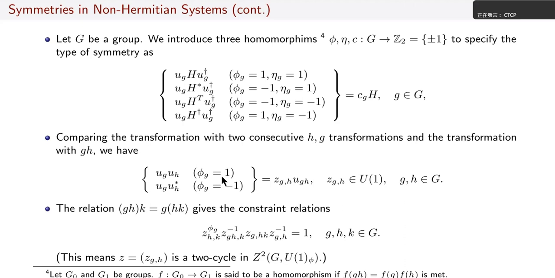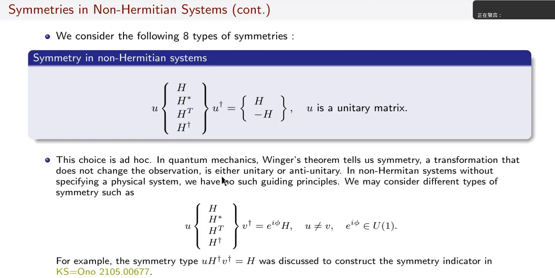For each element of the symmetry group Z, we introduce some homomorphisms phi, eta, C that specify which type this symmetry group element small z is, out of the eight types of symmetry I previously introduced.